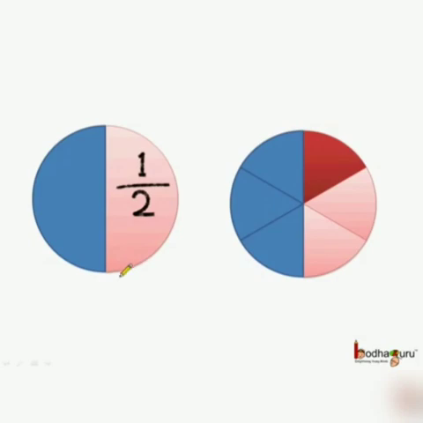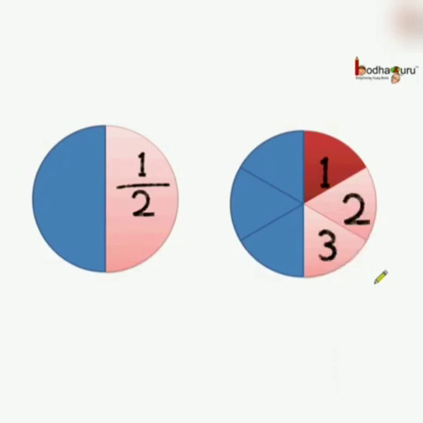First we took half part, and of each half we made 3 equal parts. So in all there are 1, 2, 3, 4, 5, 6 parts, of which only one part is red rose.